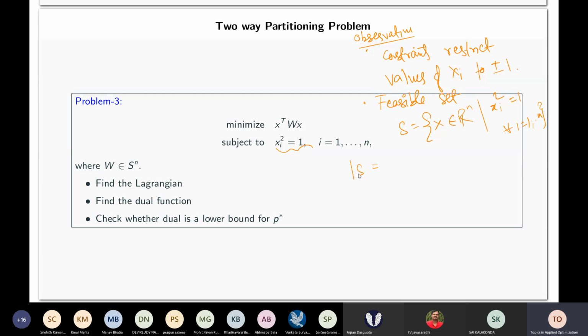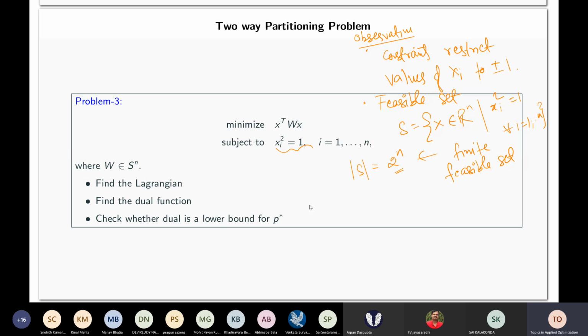Each entry can be 1 or minus 1, and there are n entries, so 2 to the n by the product rule. So the cardinality of S is 2 to the n, and this is a finite feasible set.